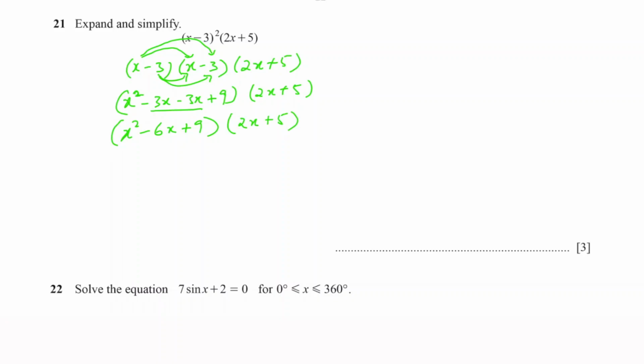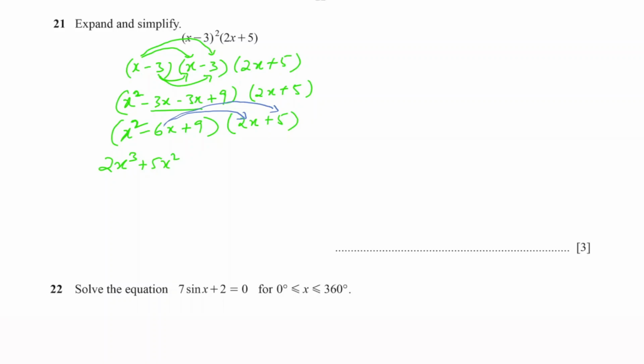So if I multiply this individually, x square will be multiplied with this one and x square again will be multiplied with this one. Okay, so x square into 2x is 2x cube and x square into 5 is 5x square, and then the same thing I have to do with this one and this one.